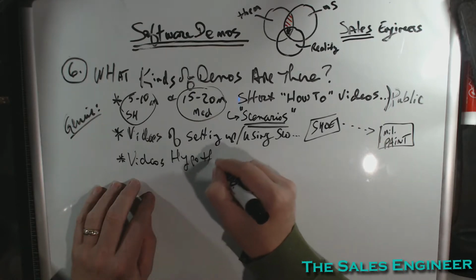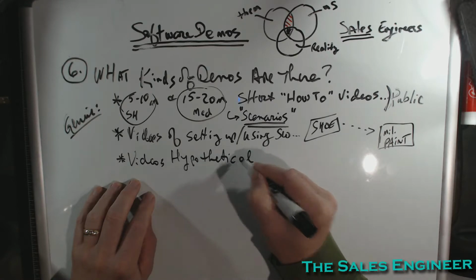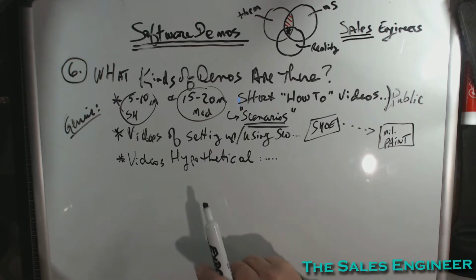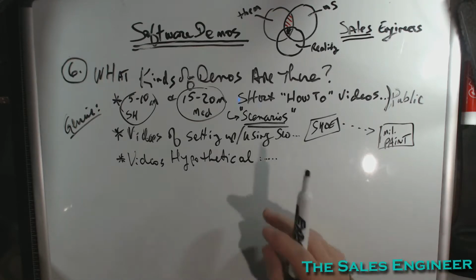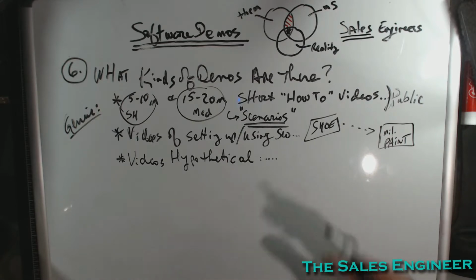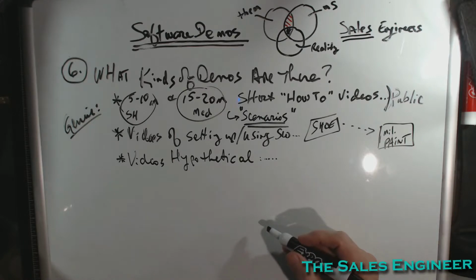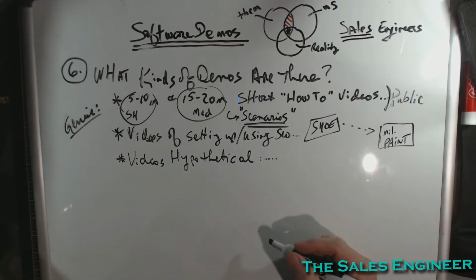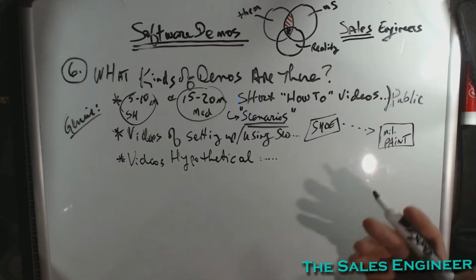Now, you run into a problem here, and I always have this argument with PDMs. The hypothetical video, they'll say, well, we serve many verticals. If you have software, big ticket software, serving many verticals. And this was BPM software, as a matter of fact. In this example I have in my mind, business process management. And they said, well, we're just going to pick a business because all businesses are the same. And so we'd say, what's the best kind of business to have?